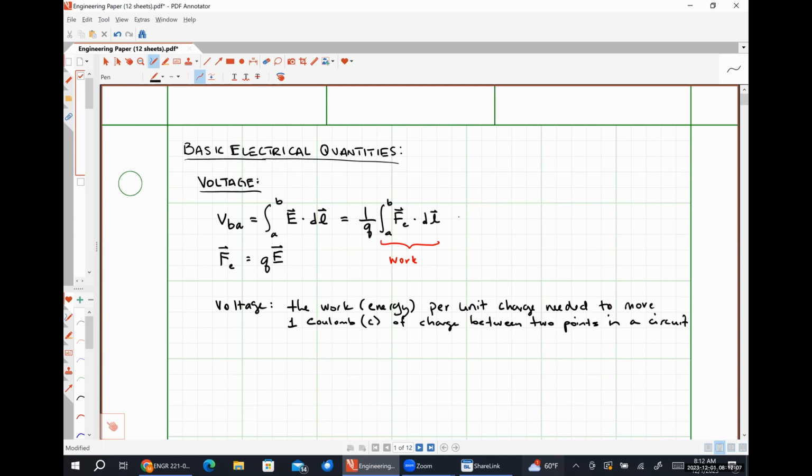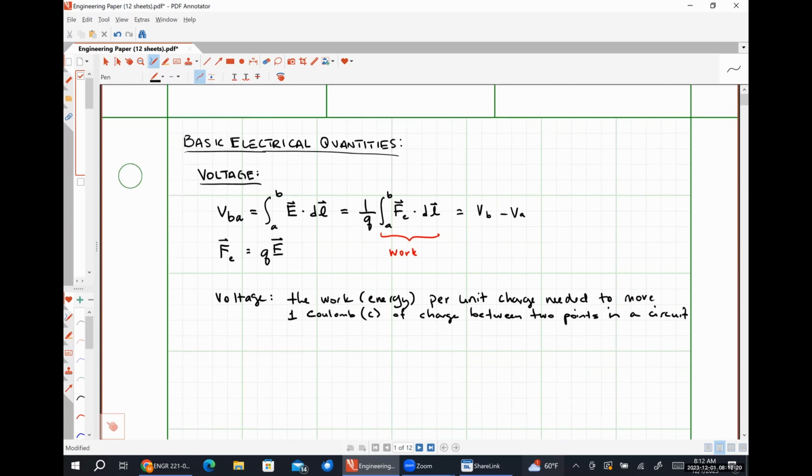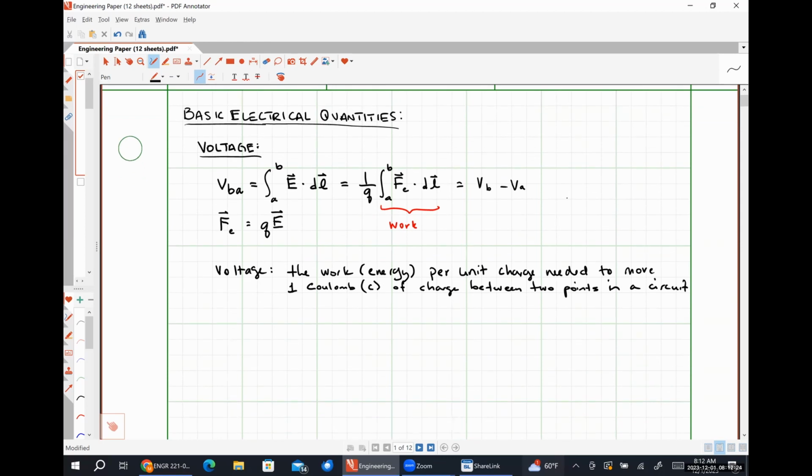And so from that, we could actually say that this is just the voltage at point B minus the voltage at point A. So an alternative definition, and one that we're actually going to use a whole heck of a lot in this class, is that voltage is the difference in electric potential energy between 2 points in a circuit.